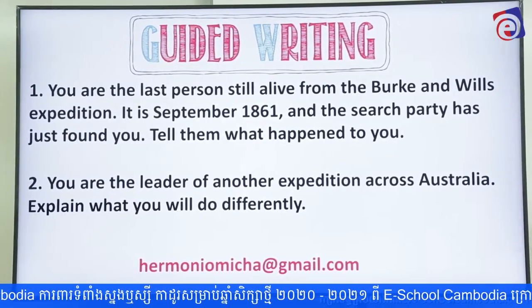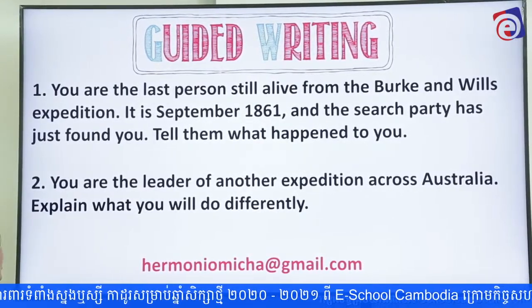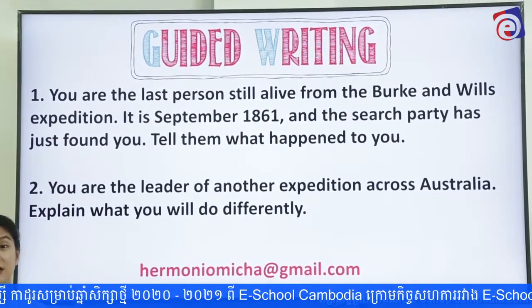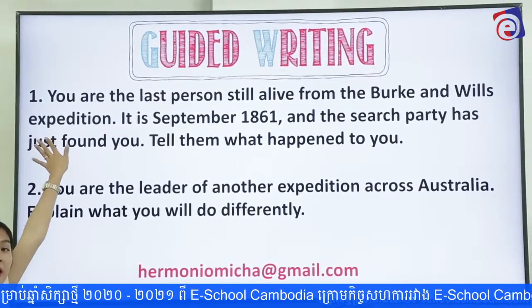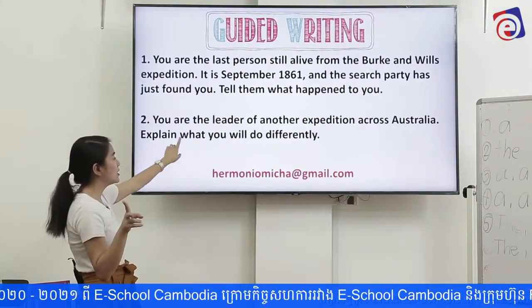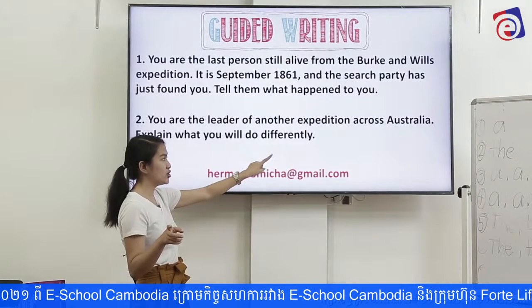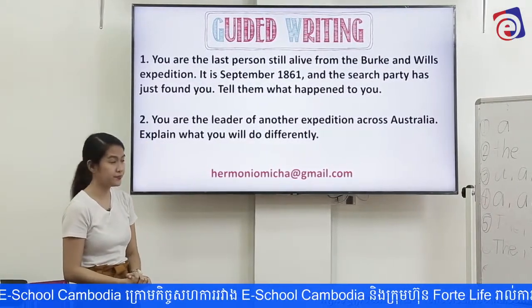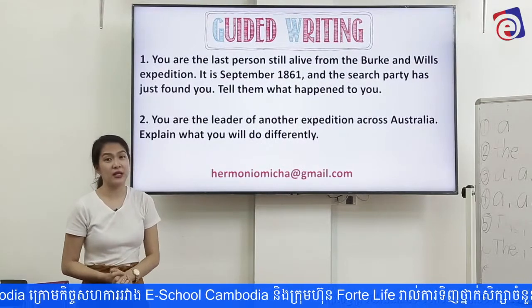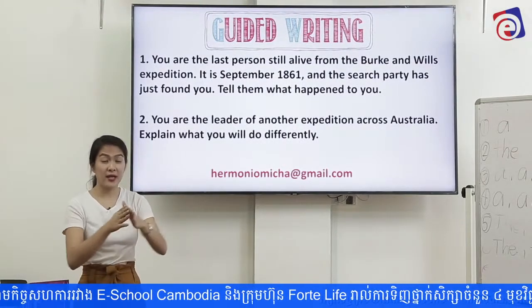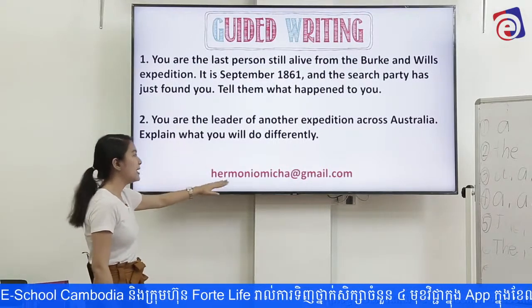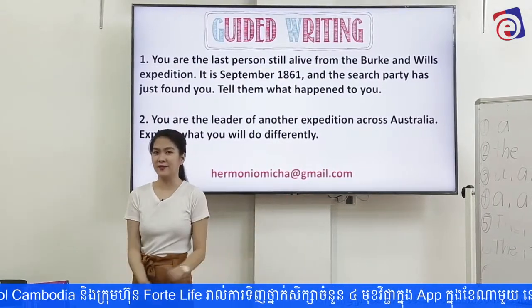Make an article or make a story using this paragraph. Okay? Number 2, you are the leader of another expedition across Australia. Explain what you will do differently. So make a story or an article about this also and send it to my email.